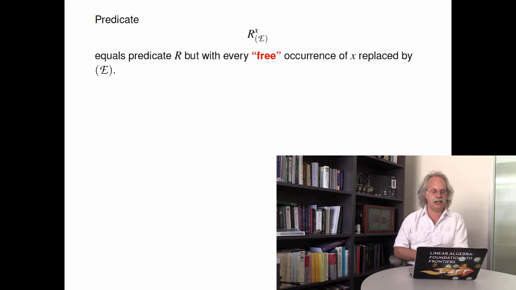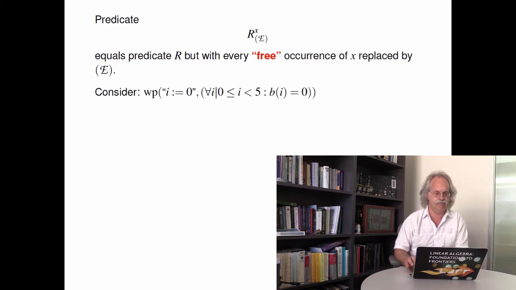Let's return for a second to this issue of free occurrence of x replaced by the expression e. By the way, this is called textual substitution. What's going on here? Well, consider the following.